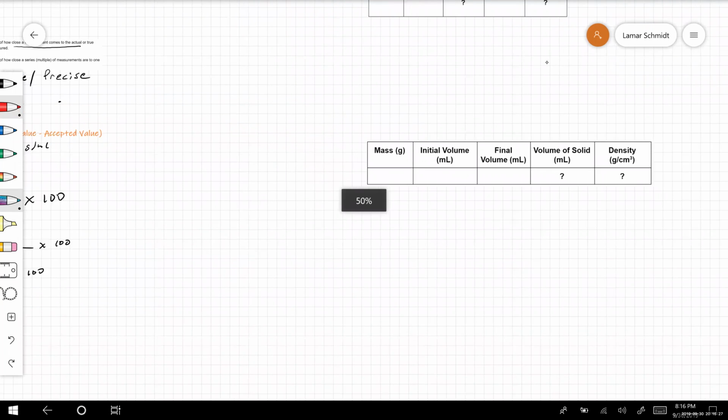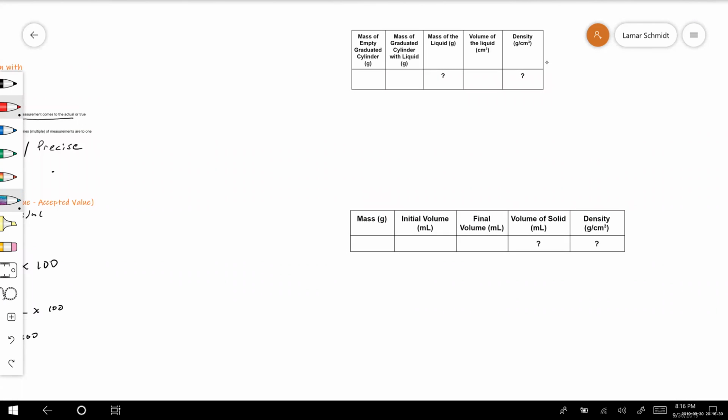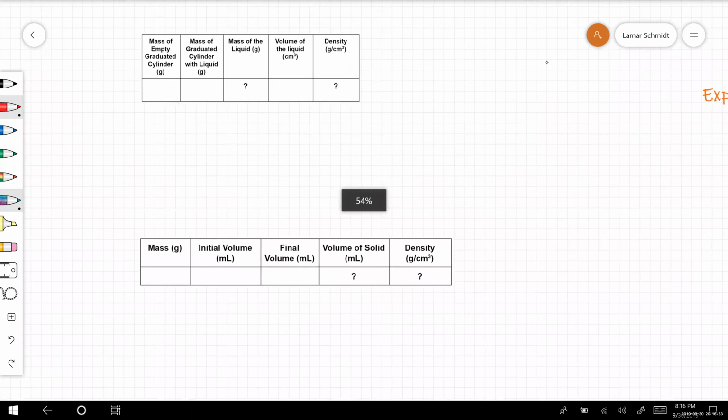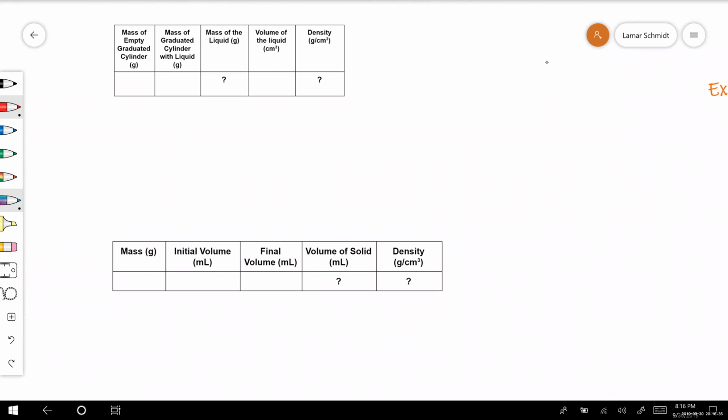All right, now let's go over here, and we have a couple scenarios that we had in the lab. Let's say we come up with some values here. Let's say we have a mass of an empty graduated cylinder that is 20 grams. And the mass of the graduated cylinder with liquid, let's say that it is 40 grams. We're just making up some values. And let's say the volume of this liquid is 20 cubic centimeters.